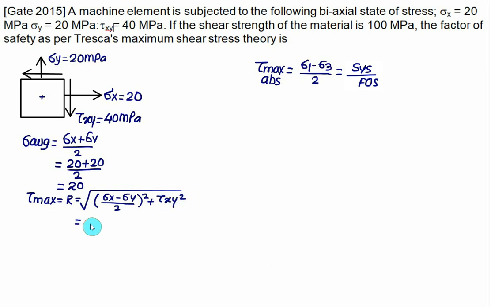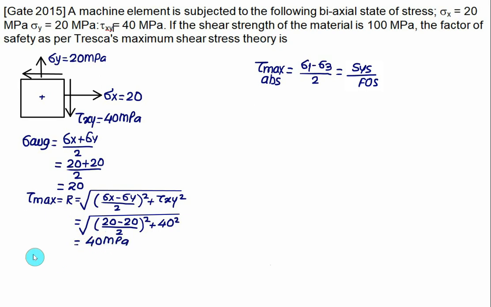So tau max will be equal to under root of, sigma x is 20, sigma y is also 20, so we have 20 minus 20 divided by 2, and again we have square, plus we have 40 square. So tau max is equal to 40 megapascal.